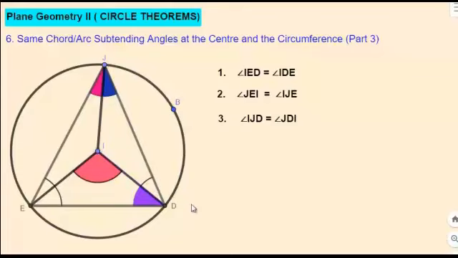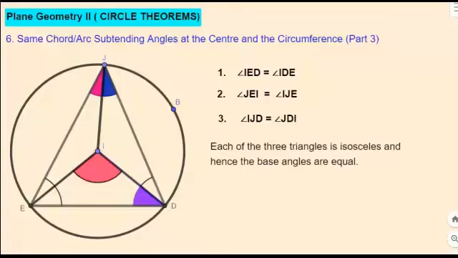Let's see why it is so. Each one of the three triangles you see on the screen is an isosceles triangle. And for an isosceles triangle, two of the sides are equal.